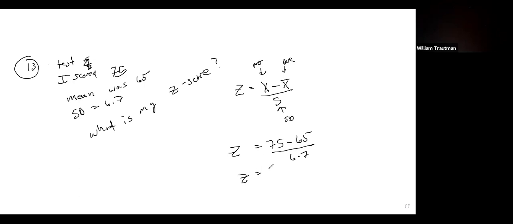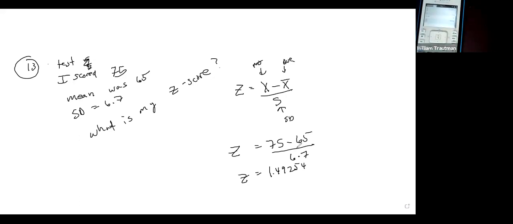And I get 1.4924. I'm trying to think really quick. I'm trying to think if Z-scores are always one decimal place or two decimal places.